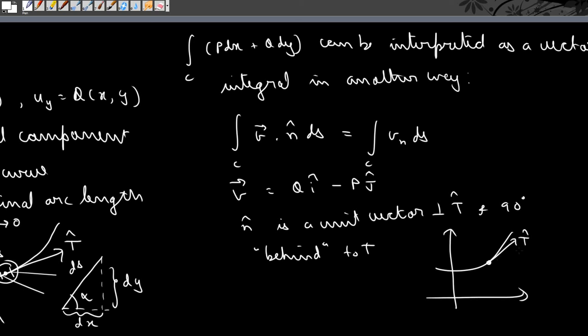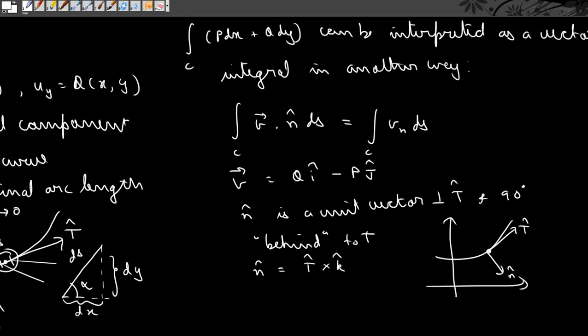Okay, because anti-clockwise is considered the positive direction for angle, so going behind means we have to go clockwise. So n hat will be a perpendicular vector to t but 90 degrees behind, so it will have this form. And this n hat can be given by the cross product of t with the unit vector along the z direction, perpendicular to x and y.